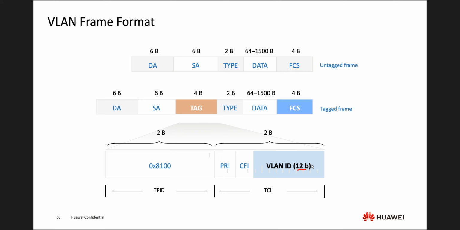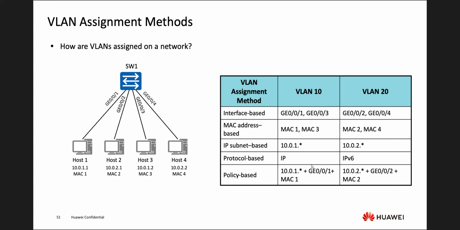So you kind of create a security feature with VLANs. So there is an example of different ways of how you can assign it. You can assign it via interface, via the MAC address, via the IP and the subnet, via the protocol, and via a policy if you need a policy for your network.